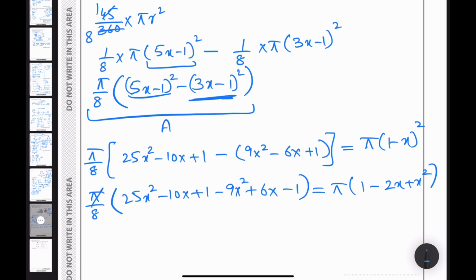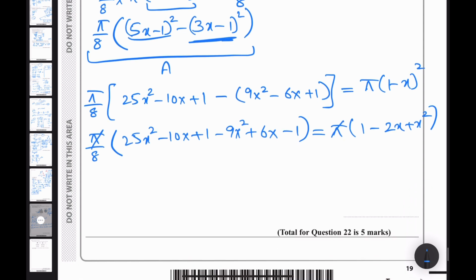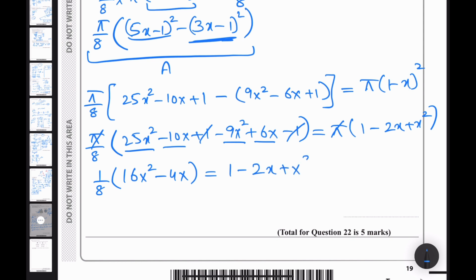Now let's cancel pi with pi, and it'll become like 1 over 8 times 25x square minus 9x square, which will become 25 minus 9, that is 16x square. Then minus 10x plus 6x, it will become minus 4x. This will get cancelled, equals 1 minus 2x plus x square.